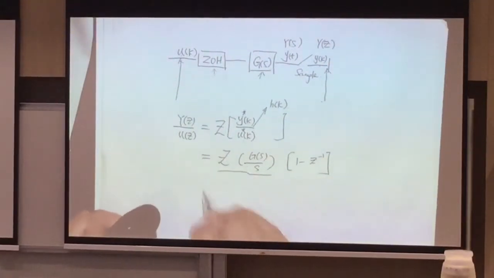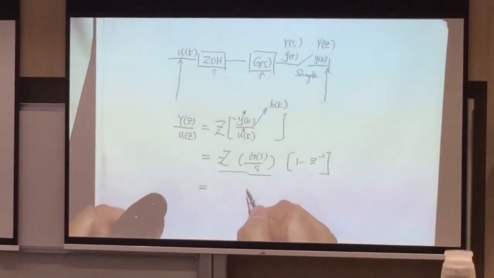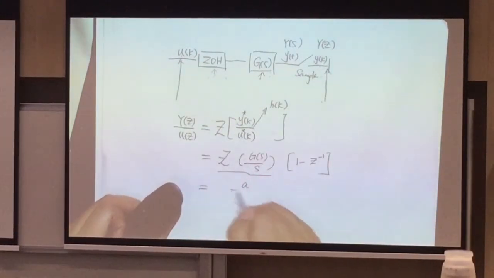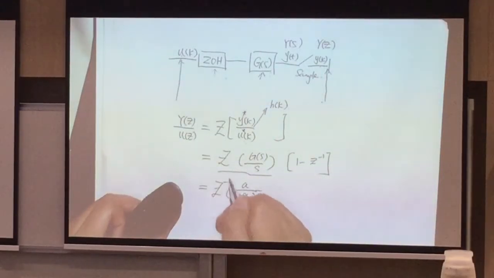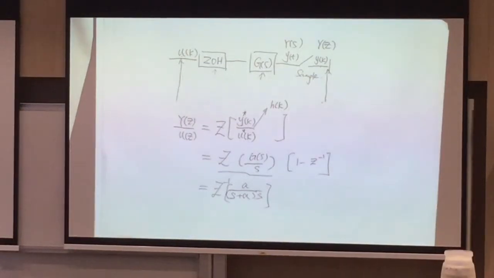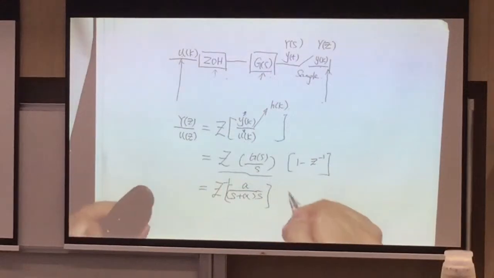So this one, what do you get? Your G(s) is a divided by s plus b. Good. Then you multiply with another 1 over s. Get this one. So you have to do the inverse. Get the s. And don't forget to multiply with the factor.